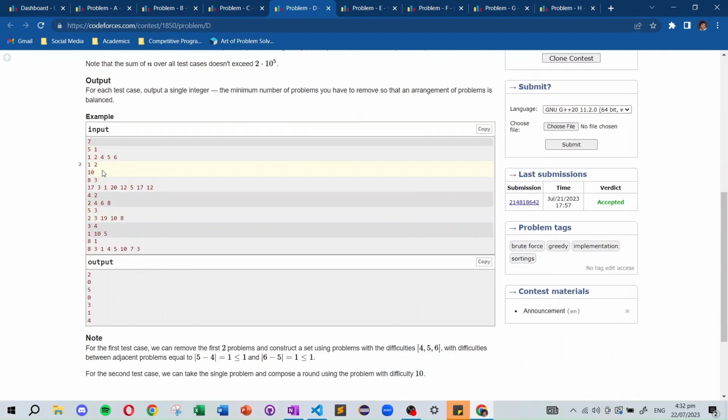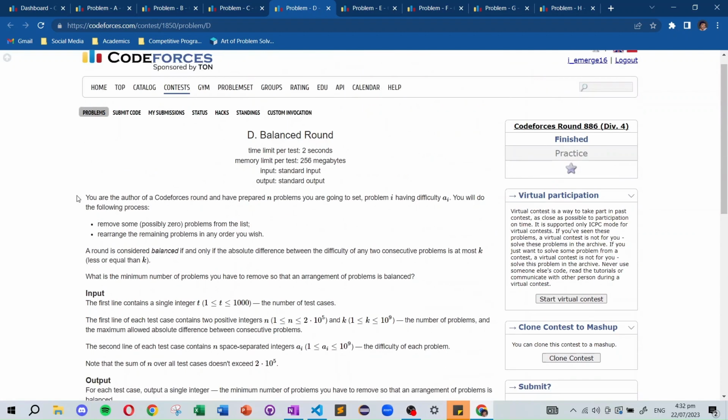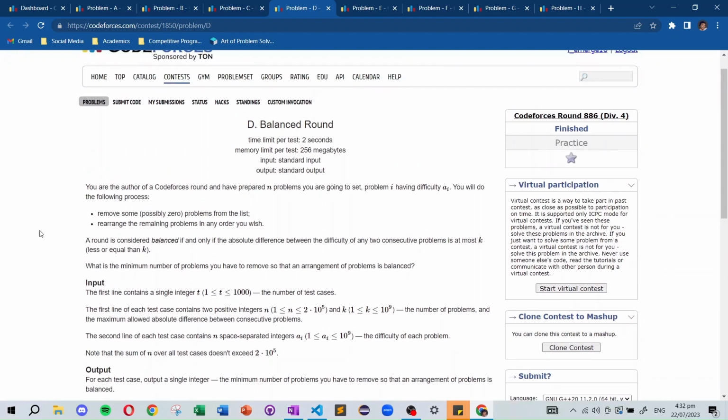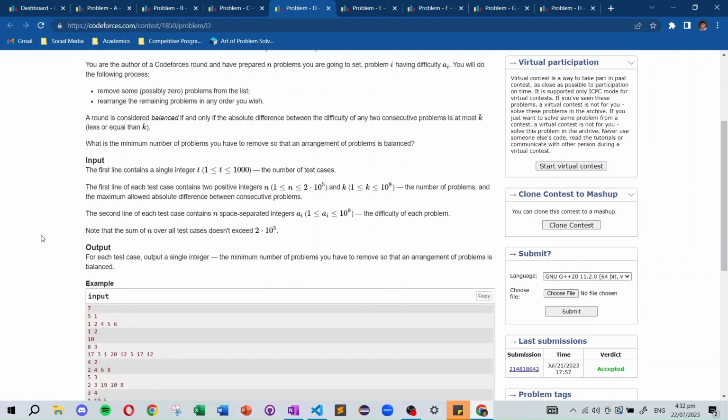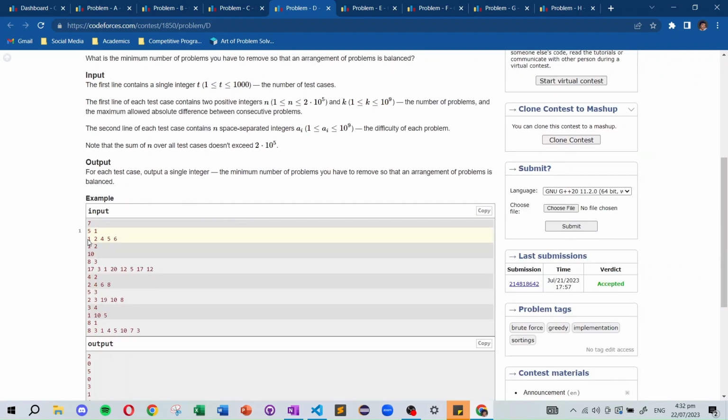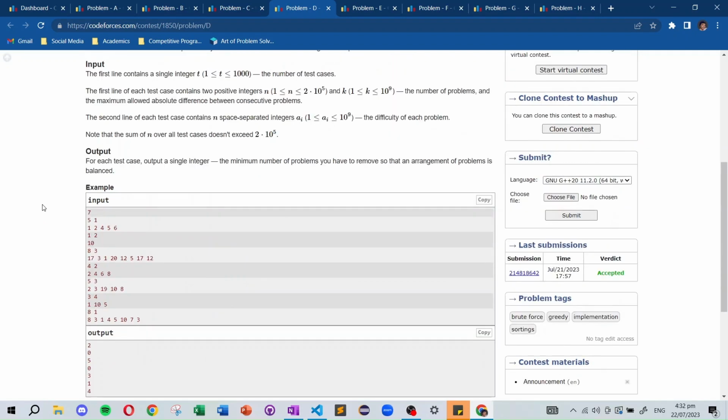So for example, the closest difficulty would be 2 and 5, and we can achieve that by sorting the array in some order, non-decreasing or non-increasing. It doesn't matter.